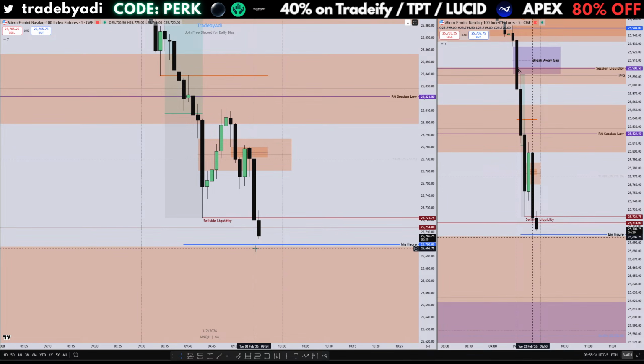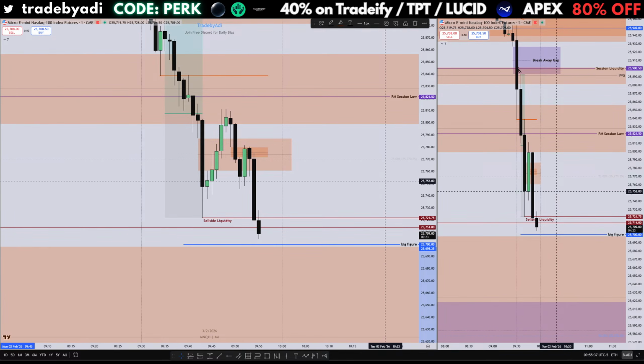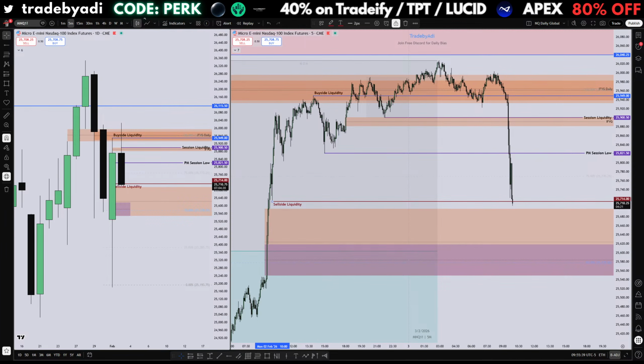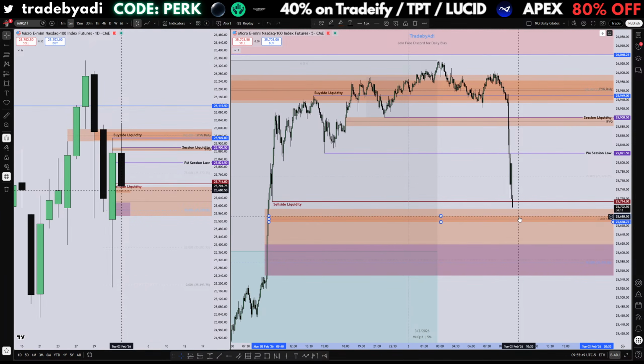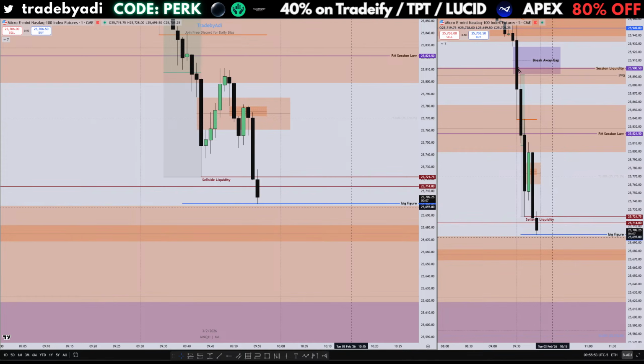We will hit this fair value gap, the discount fair value gap. Inside this fair value gap, we have to rebalance this 5 minute fair value gap. Okay, this one.